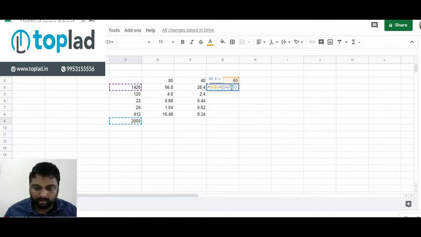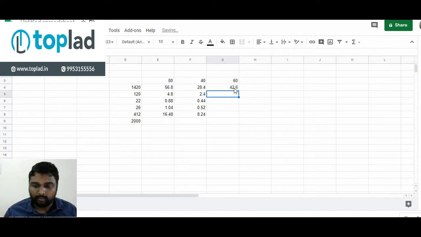D4 can be changed, but D9 should not change because 2000 is the same.